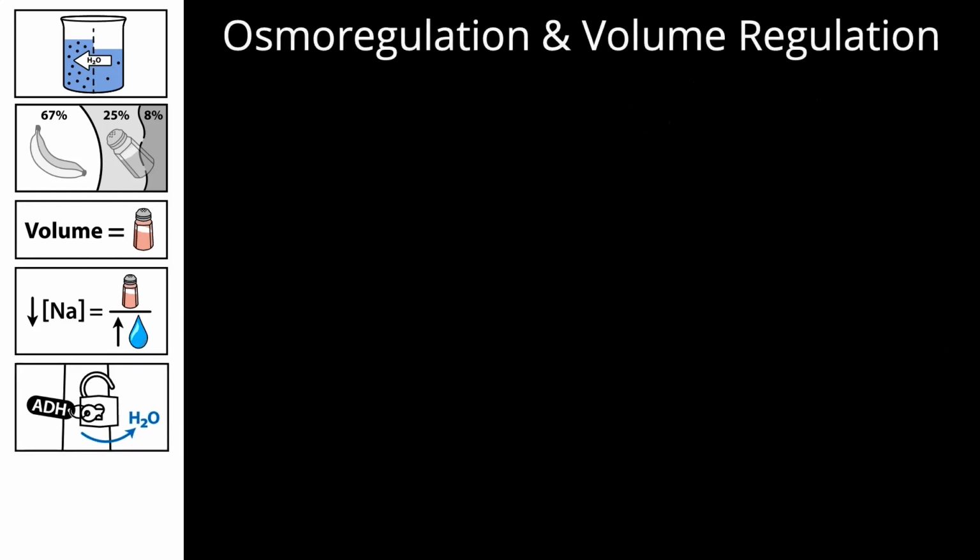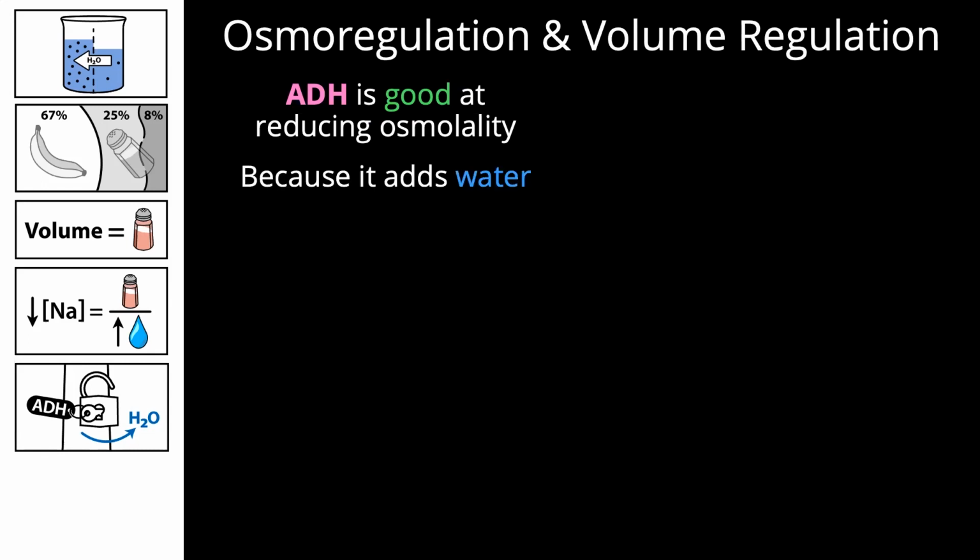And this sort of leads us directly into osmoregulation versus volume regulation. ADH is good at reducing osmolality because it's adding water to the body, okay? But because it's free water, with only 8% going into the intravascular space, it's bad at increasing volume, right?